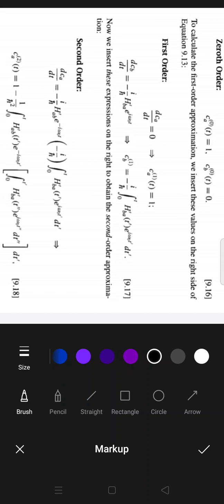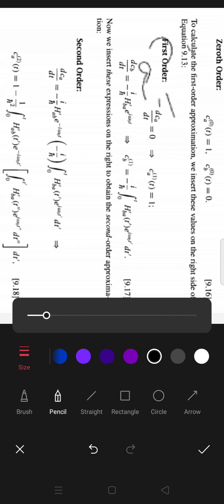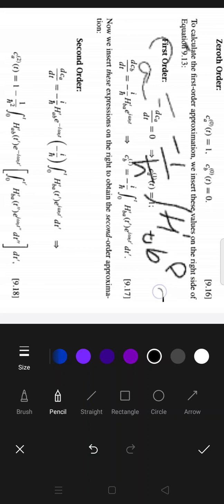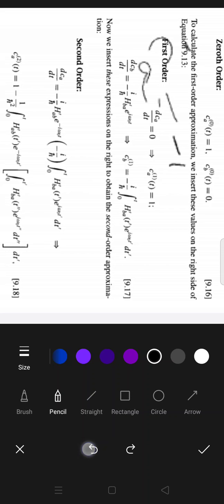So for the first order, from the 9.13th equation, Ca dot is equal to minus i by h cross, there is a perturbation H prime ab, an exponential term, and the coefficient of Cb also appears in that Ca dot.